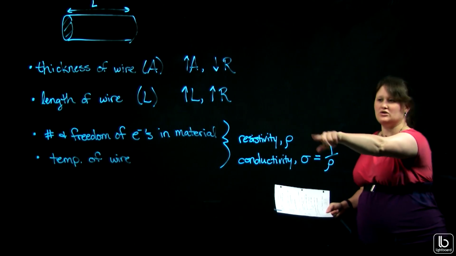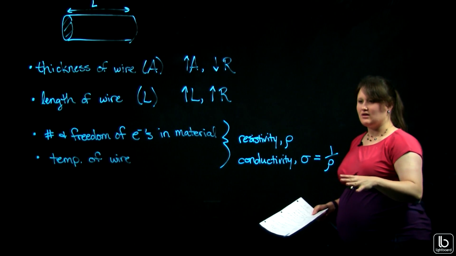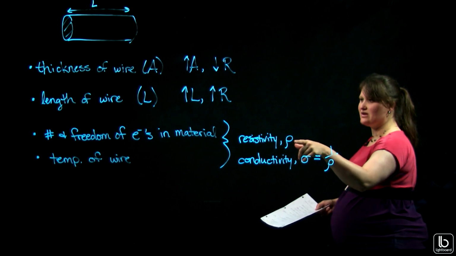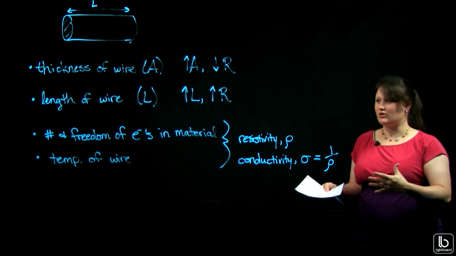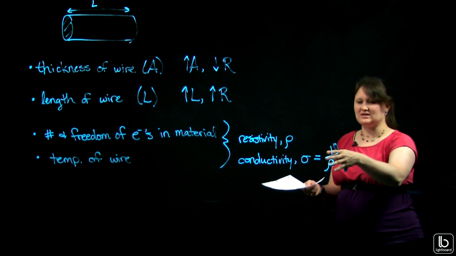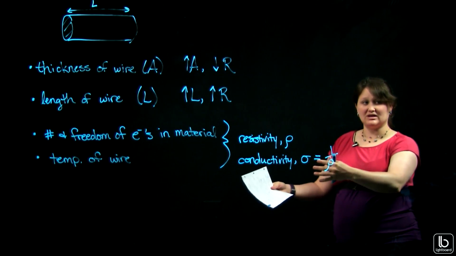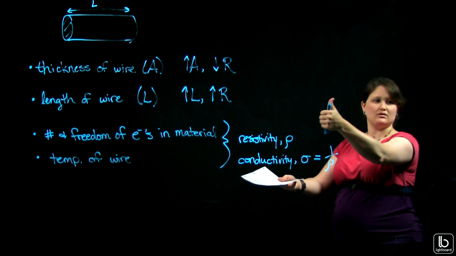Okay, if you know one, you know the other. Just one is the inverse of the other. If something has a high resistivity, it has a higher resistance. It resists more. If something has a low resistivity, that means it conducts better. So if I divide by a smaller number, my conductivity goes up.